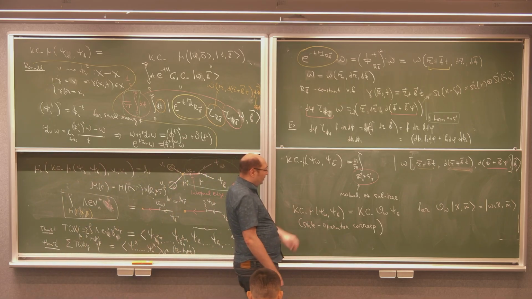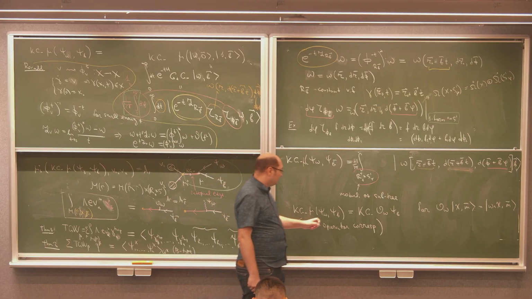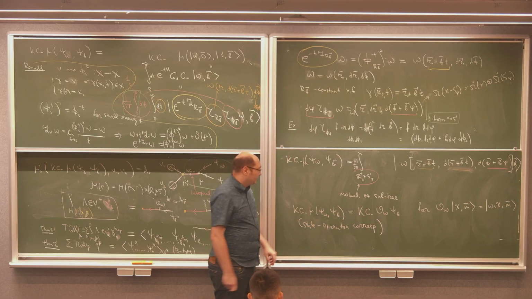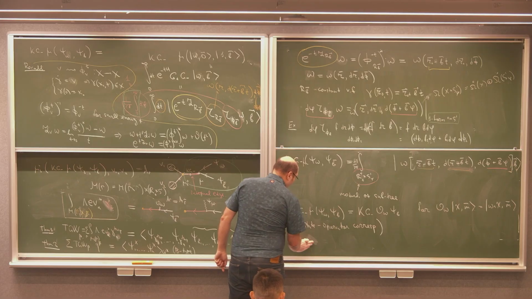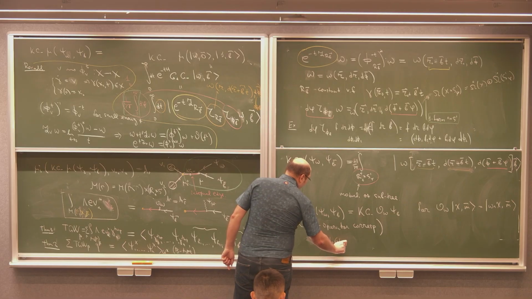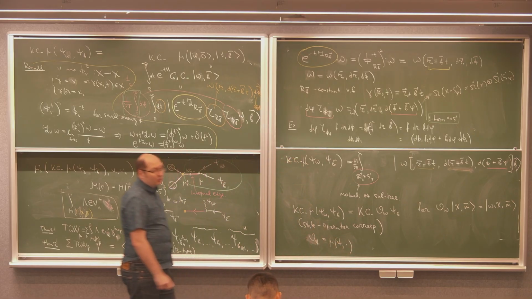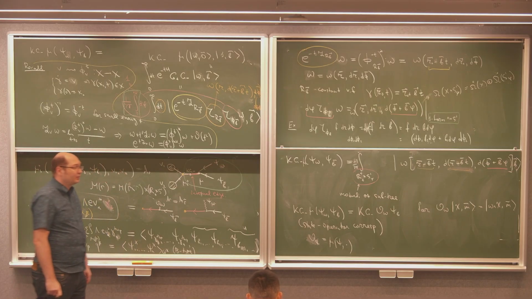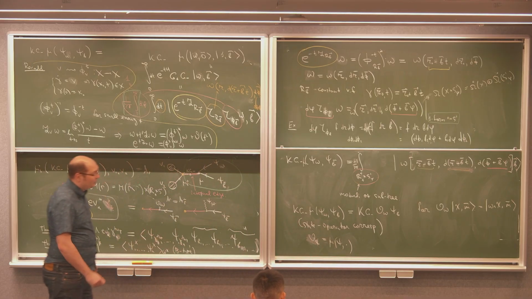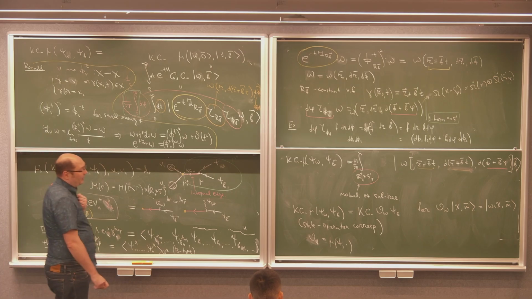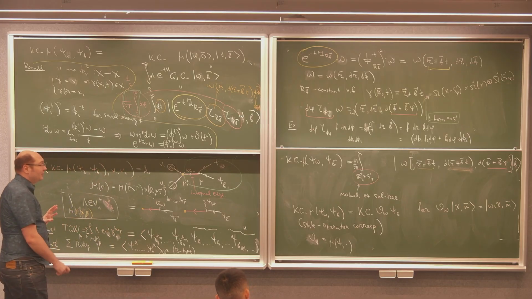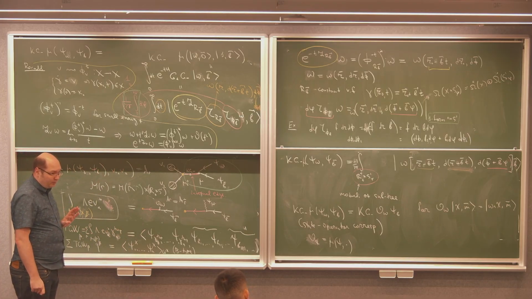I can take any state and define O for a state psi as the operator of multiplication by the state psi. However, not all linear operators could be written in this form. So going from state to operator is always possible, and interpreting the action of some operator as a state is not always possible.